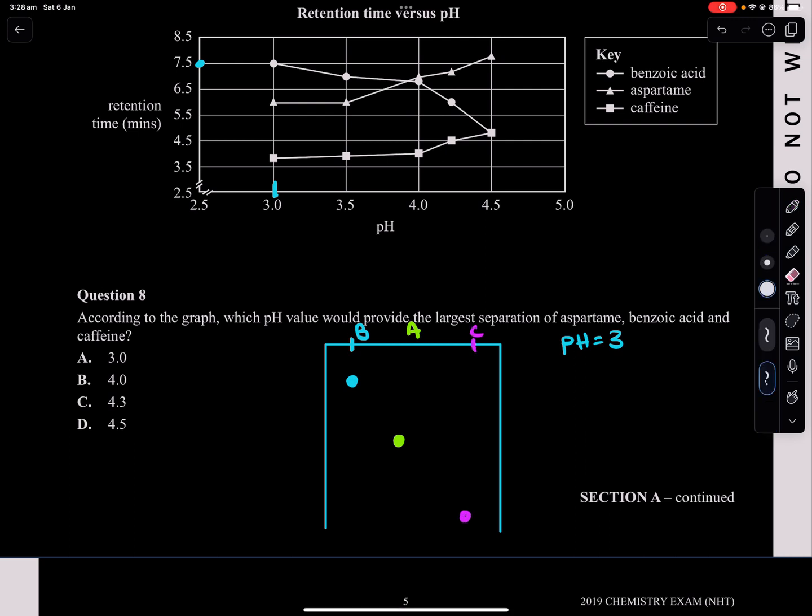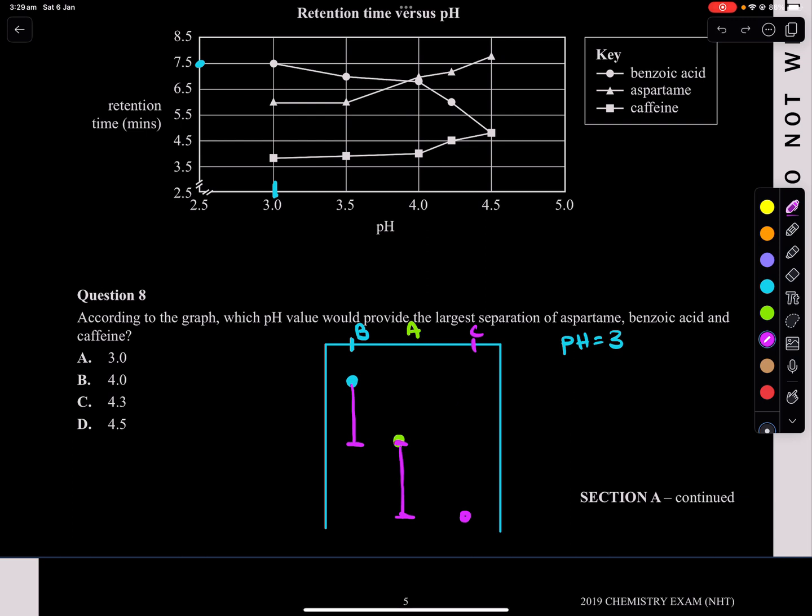So what do we see? The question is telling us: which pH value would provide the largest separation of aspartame, benzoic acid, and caffeine? Well, this is the distance, and this is just an estimation, but there is a large separation between all of them. As you can see, there's a lot of separation.